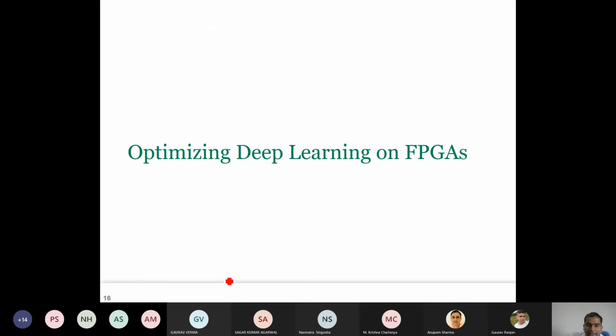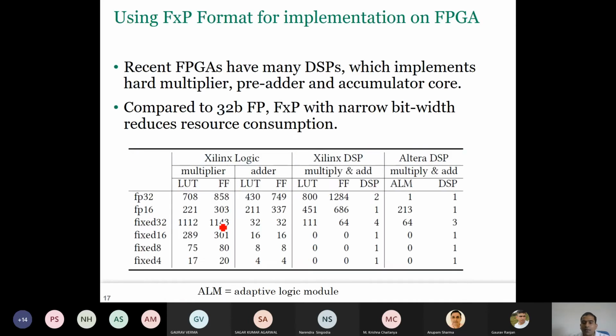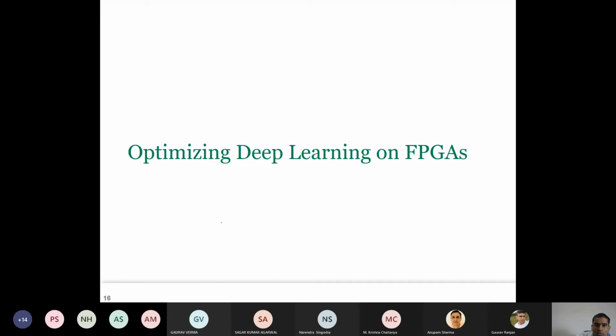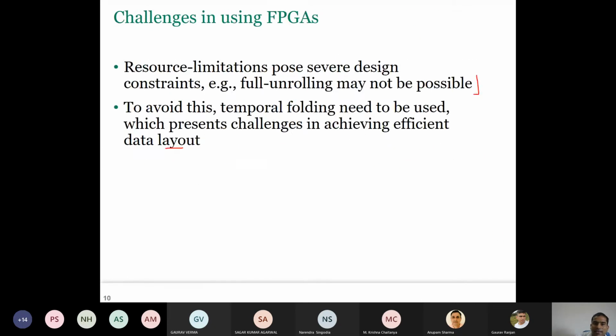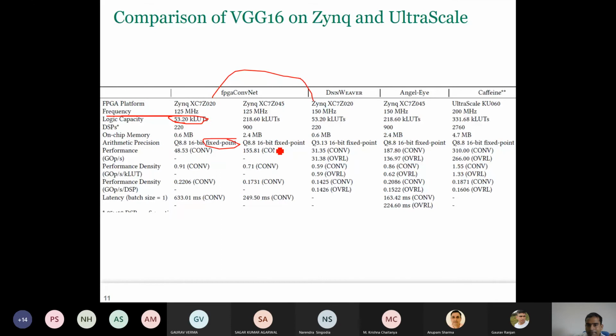Okay, so now we'll discuss some techniques for optimizing deep learning on FPGAs. And in the next lecture, we'll discuss Microsoft's Brainwave architecture. So first thing is, as you saw in the previous slide that I showed, most works have implemented fixed point. Because first of all, FPGAs are used primarily nowadays only for inference.